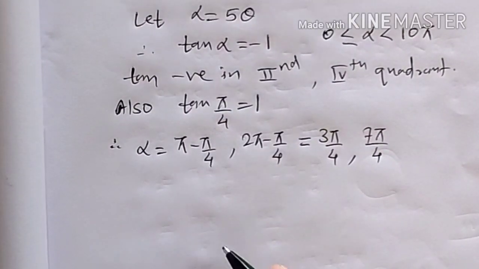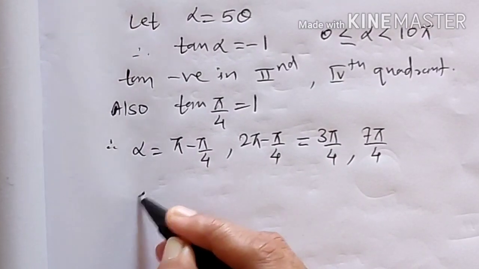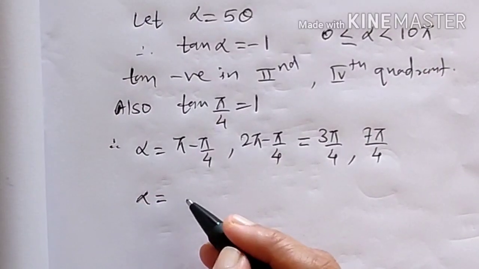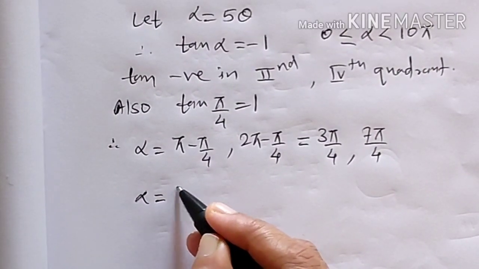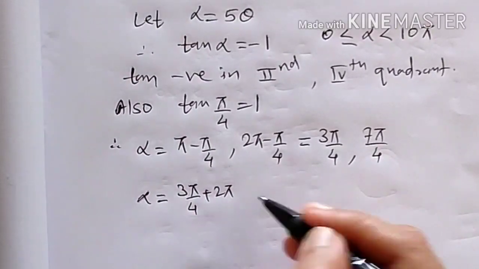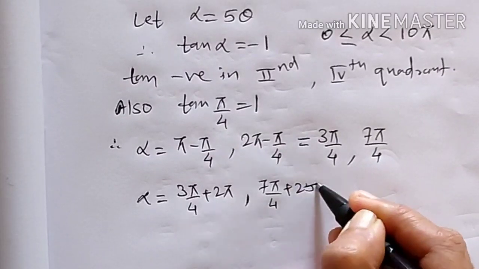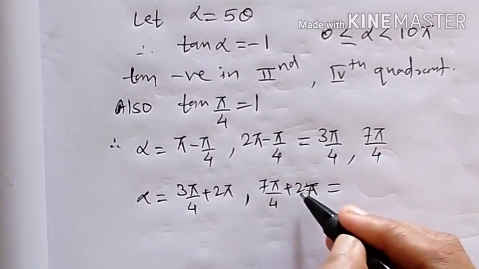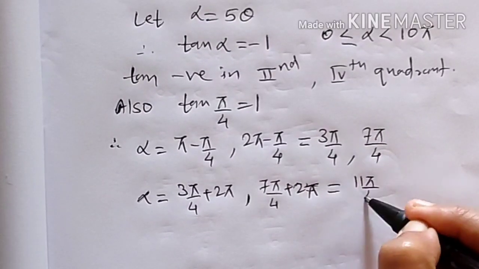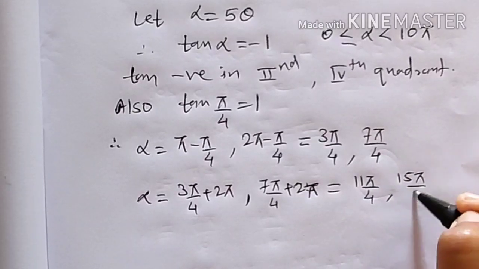These are the possibilities when you consider angle between 0 to 2 pi, that is the first rotation. Alpha can also be equal to, we have to consider 5 rotations. So other possibilities are 3 pi by 4 plus 2 pi and 7 pi by 4 plus 2 pi, that is equal to 11 pi by 4 and 15 pi by 4.